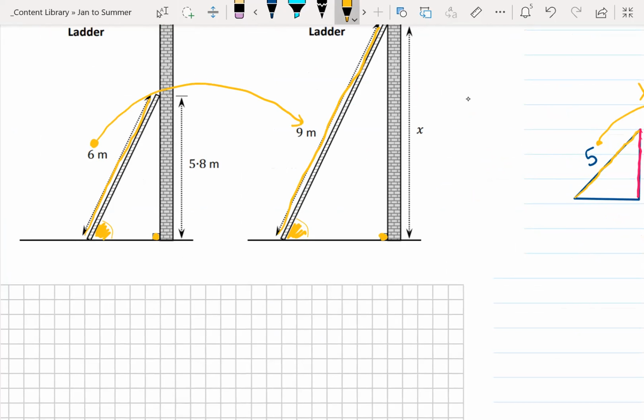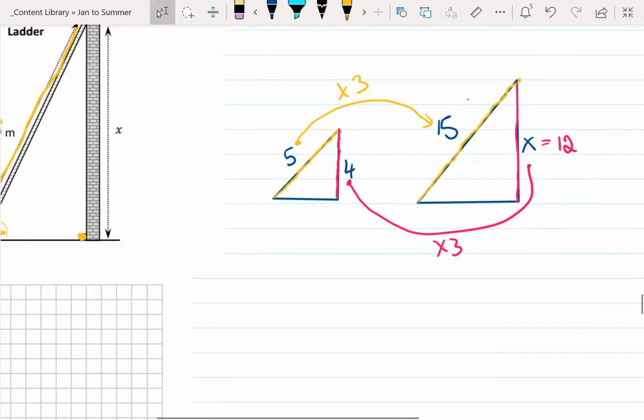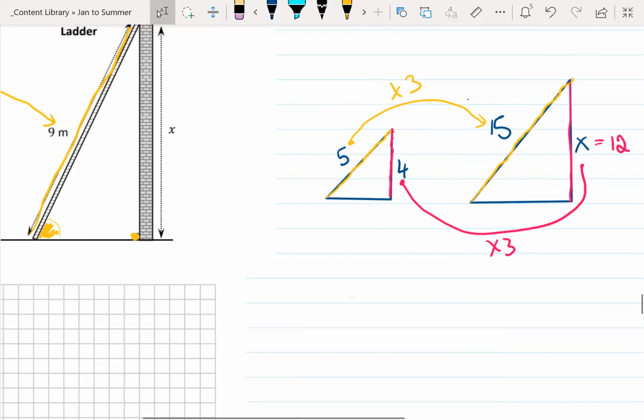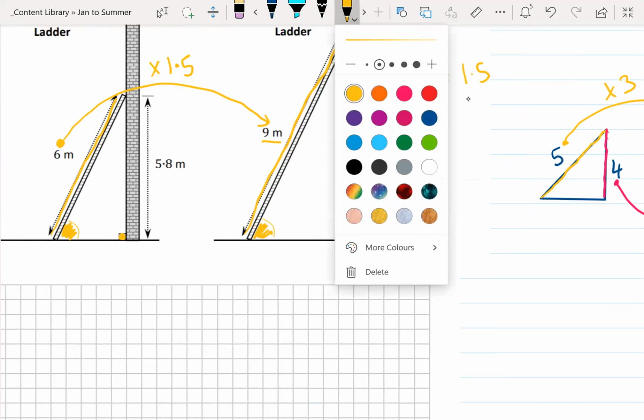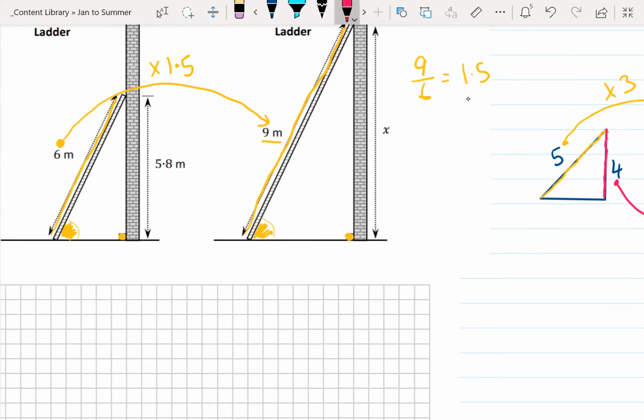Not as easy this time as the 5. What would we multiply 5 by to get 15? If you know your times tables, you know that's 3. So what would we multiply 6 by to get 9? Just divide 9 by 6. 9 divided by 6 is 1.5. So 6 multiplied by 1.5 gives you 9. Now let's use that 1.5 to get this.